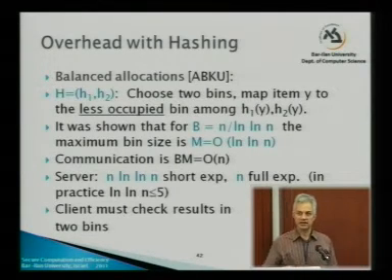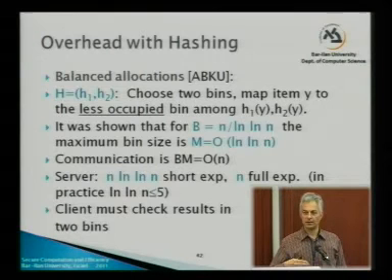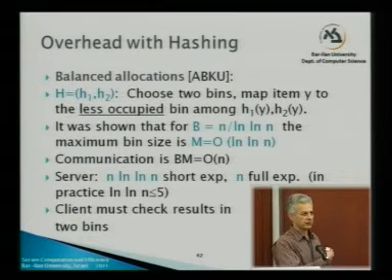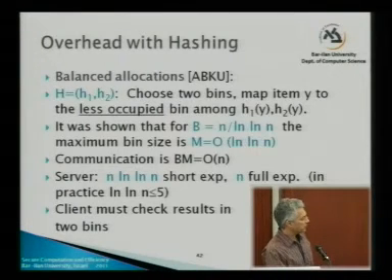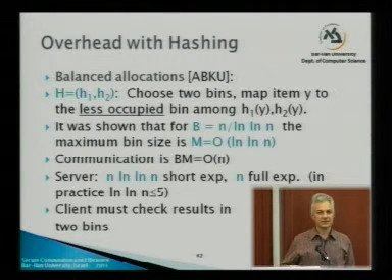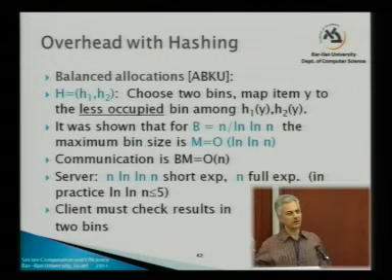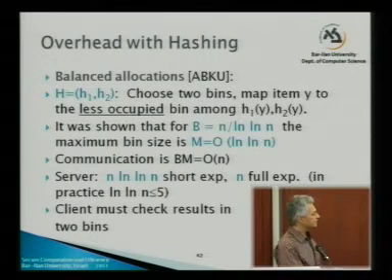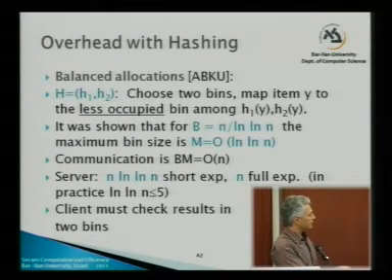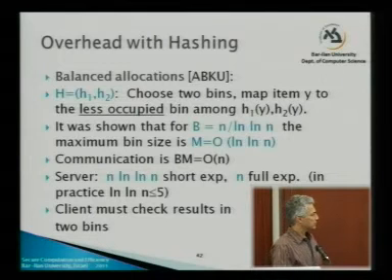If we plug this into the formulas we had in the previous slide for the overhead, we get that the communication is linear, and the server's work is n times log log n. If n is less than 2 to the 30, log log n is less than 5. So it's 5n for any practical purpose.